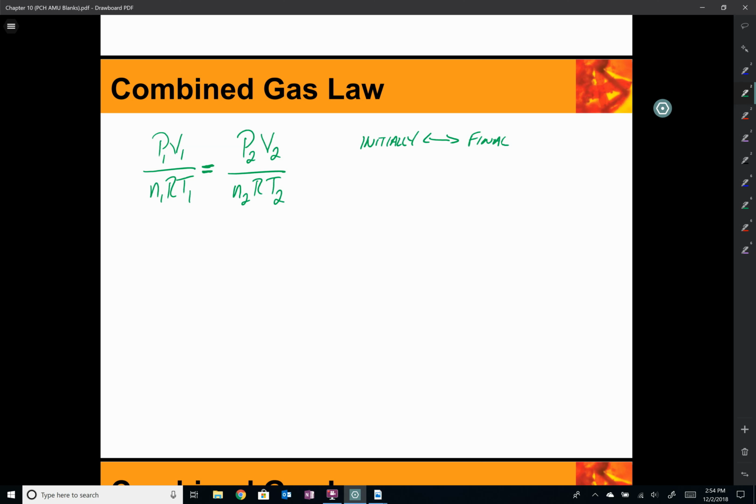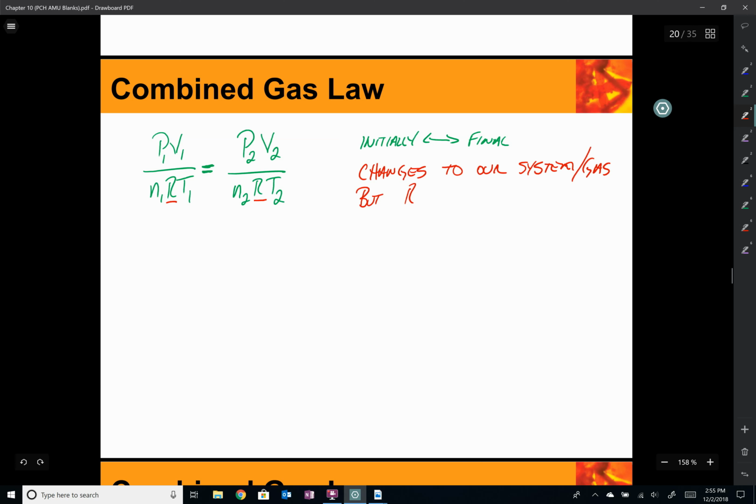Now let's see if we can simplify this just a bit. You'll notice that R is on both sides of this equation, so we can just get rid of it. How do we know that? Well, R is a constant. If it's a constant, it can never change, even as we're dealing with changes to our system or the gas that we're looking at.